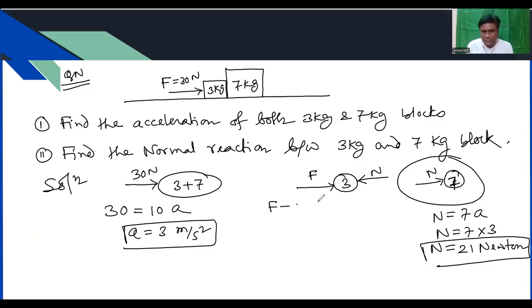F minus N, because F is rightward, N is leftward. Rightward is taken as positive because I know acceleration is rightward.